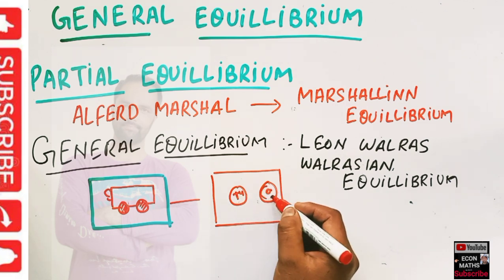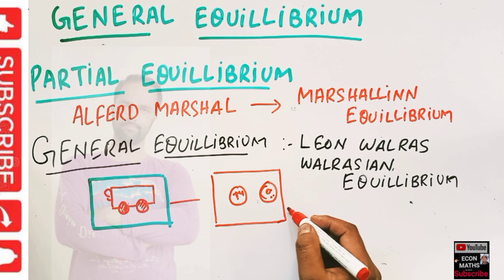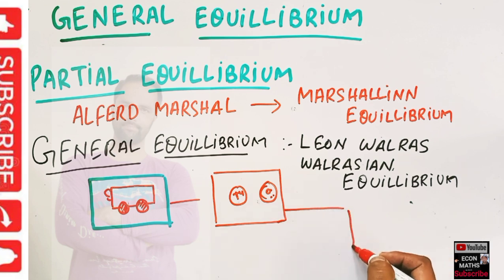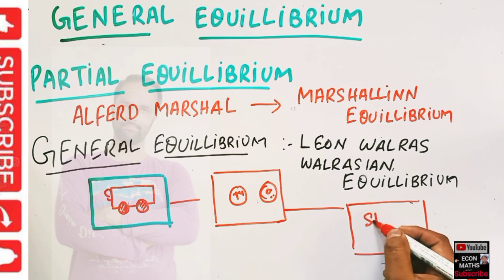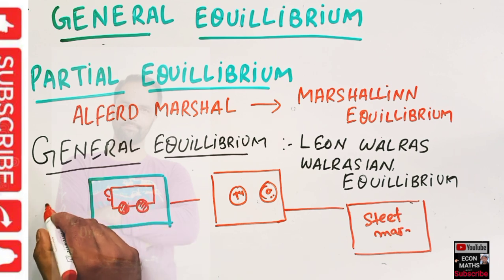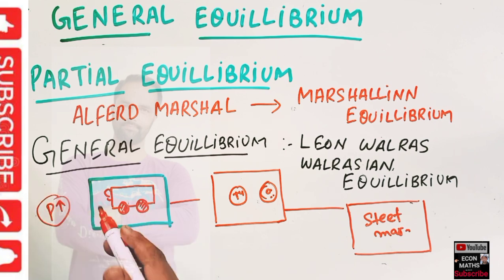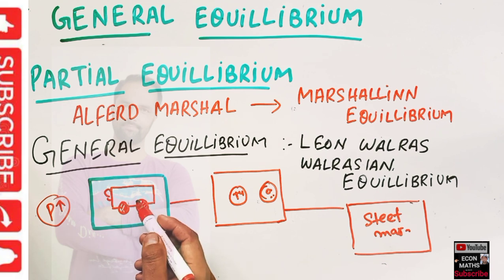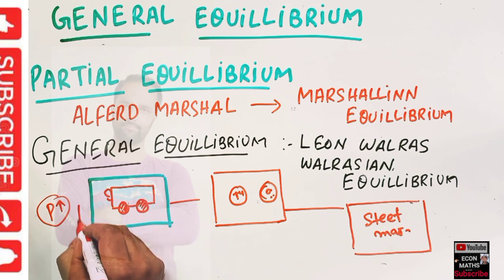Okay, and to make tires, we need steel. Let us say we have another market here, what we call the steel market. Now, if the price of electric car increases, quantity demanded of electric vehicle will decrease.